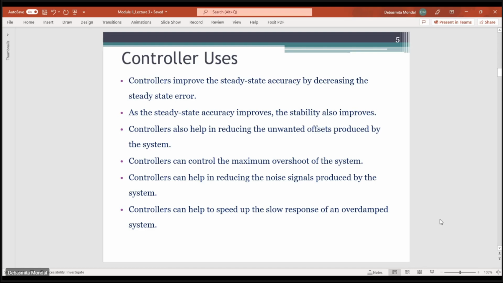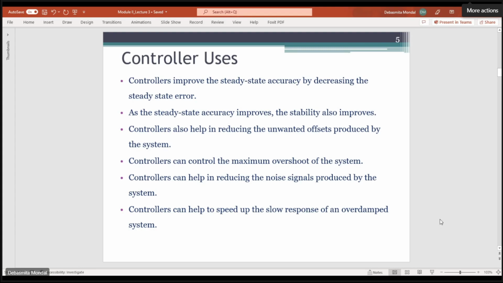First of all, just to recap the advantages a system has if we are using a controller. By choosing a proper controller, you can improve the steady state accuracy of a system, that is, decrease the steady state error of the whole system.